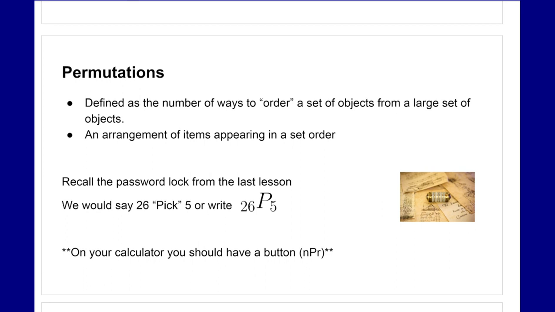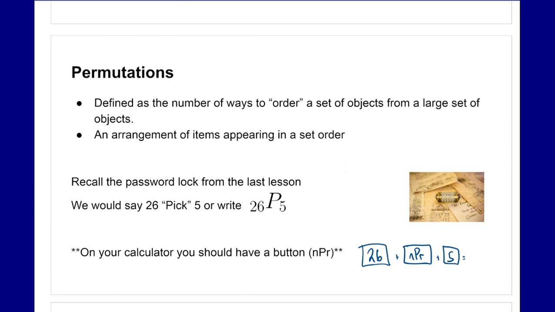Now on your calculator, you should have a button that says nPr on it. That is the permutation button. By pressing that, that will give you the P. So if I wanted to do 26 pick 5, essentially I would do 26 on the calculator, plus the nPr button, which would put in the P, plus 5. And it would look like 26P5.